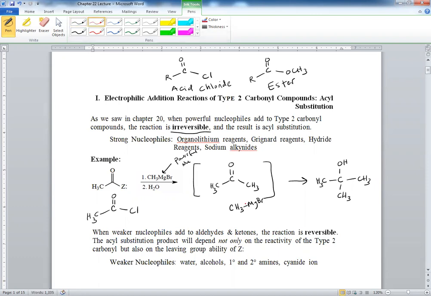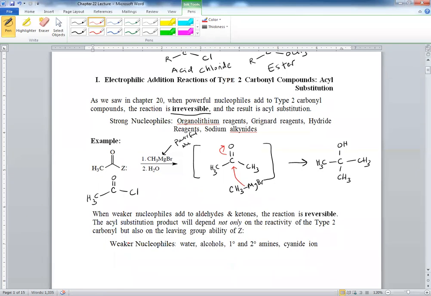So again, this is only a review. And then, of course, at the end, the carbonyl oxygen was protonated. So this reaction is irreversible. You cannot go back to the carboxylic acid derivative, in this case, the acid chloride.